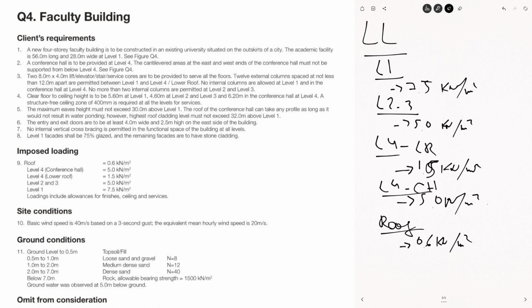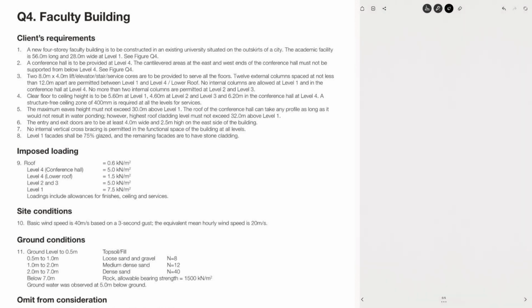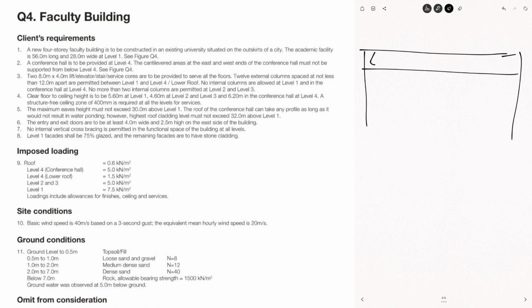Okay, now once you have them all, then the best thing, or what I used to do, is create a table. And in that table, I'm just going to include the level, dead load, live load, and then I put my total in here.